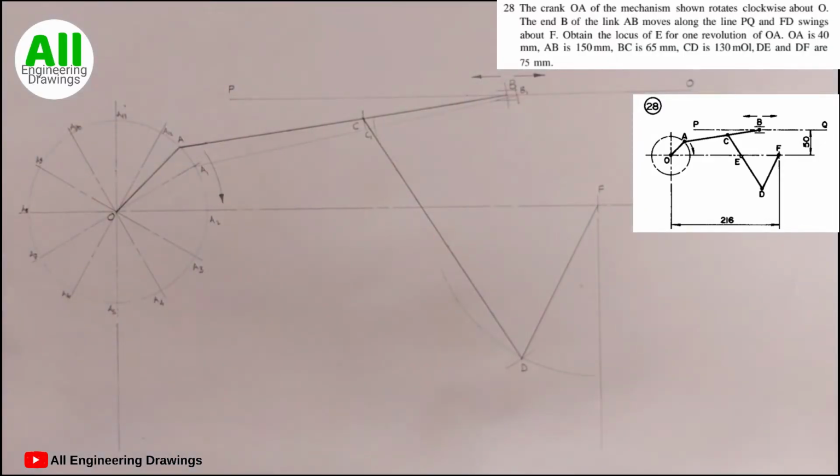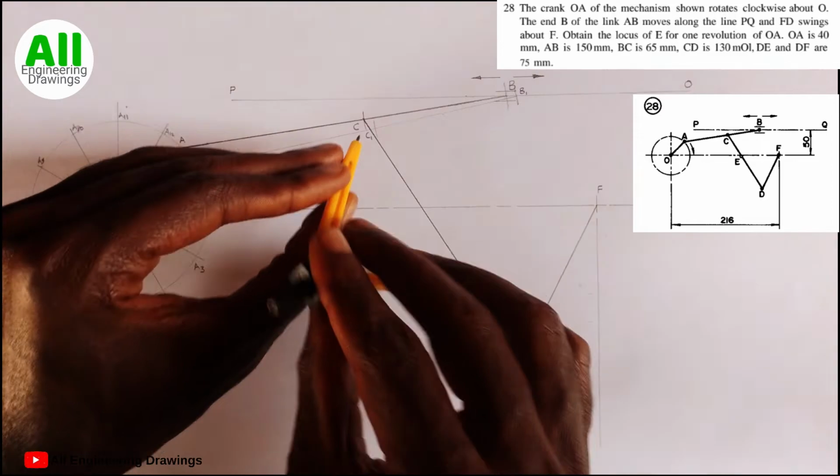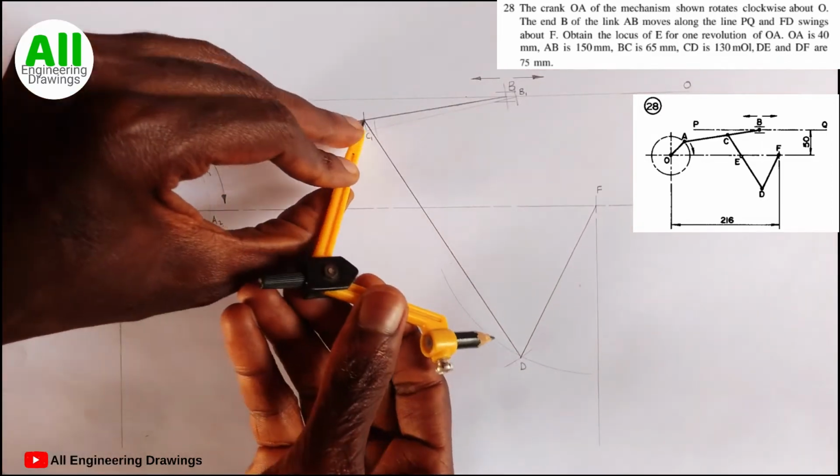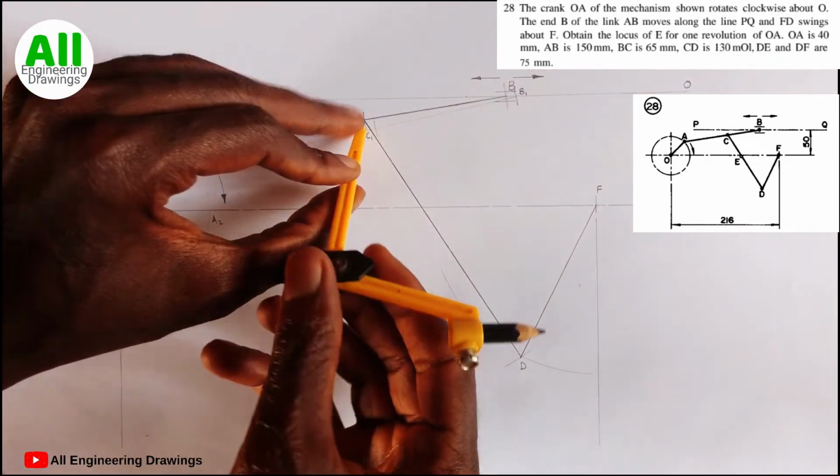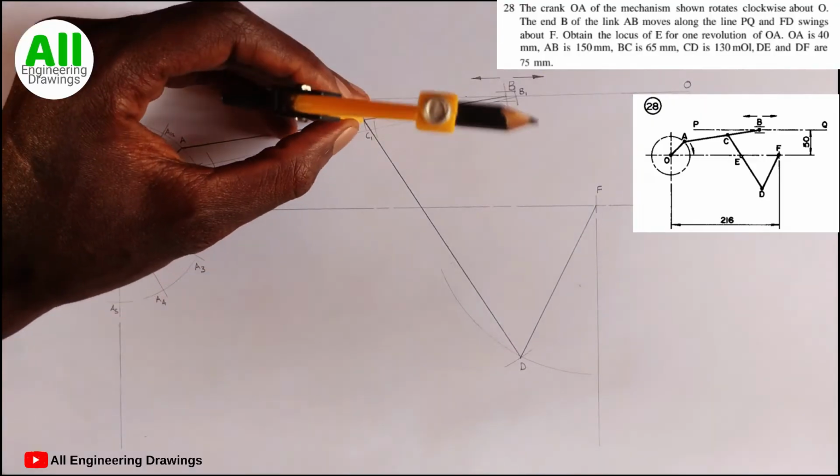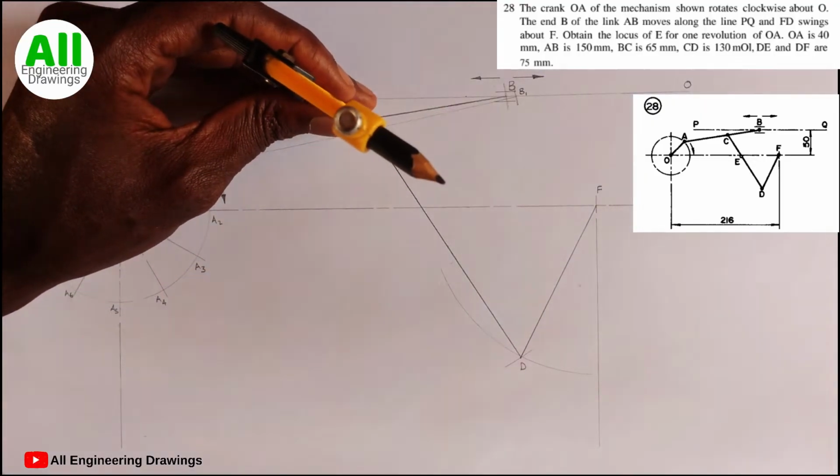In order for me to obtain my D1, I will take the radius of CD. Then I will place my compass on C1.